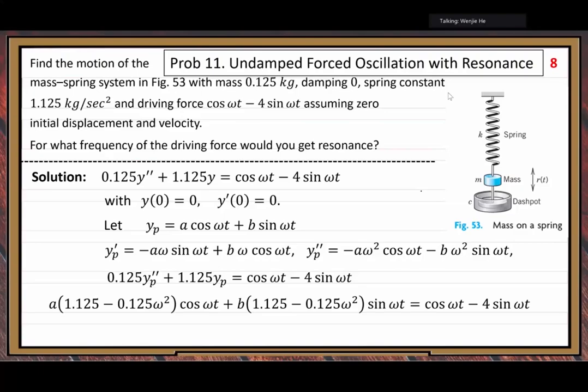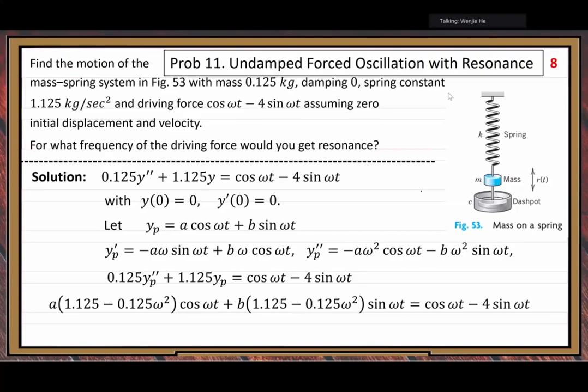Then, how do we solve this equation? That's the question. Here you treat omega as a constant. So how do we find little a and little b from this equation?